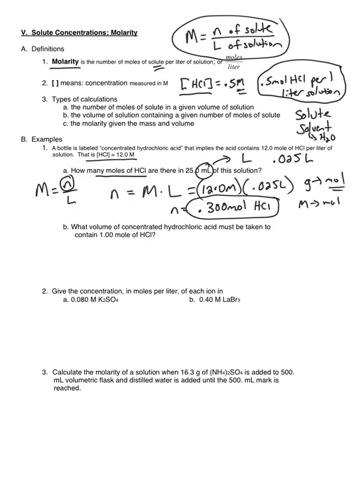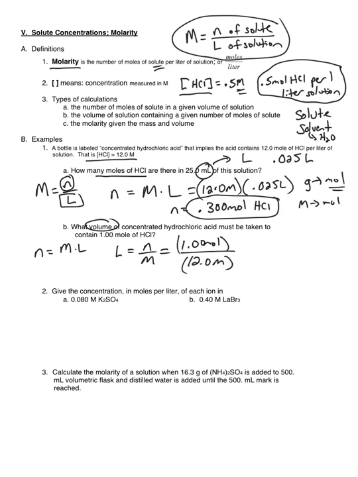All right, B: what volume of concentrated HCl must be taken to contain 1 mole? So now we're looking at volume. If I rearrange this equation and solve it for L, we know moles equals molarity times volume, so the liters is going to be the moles divided by the molarity. Again, simple algebra that you should have really good strength in.